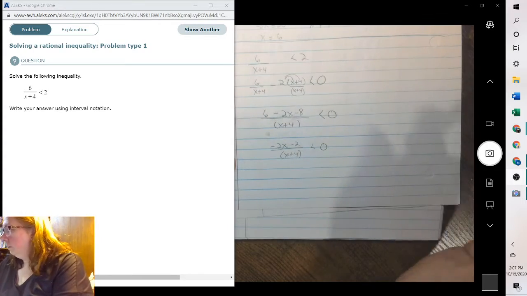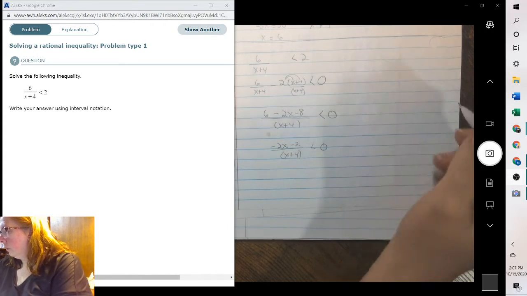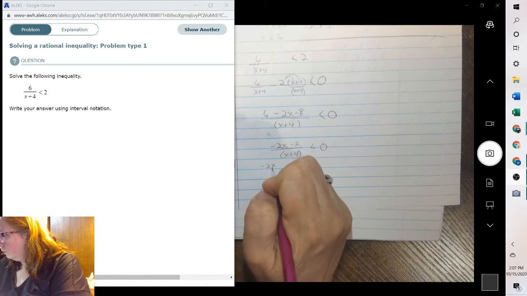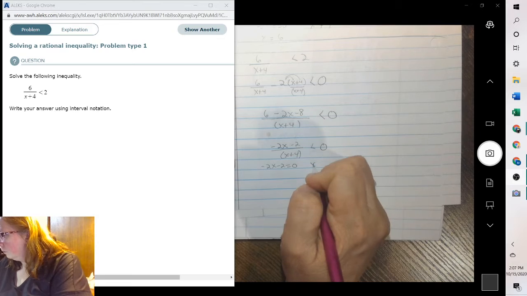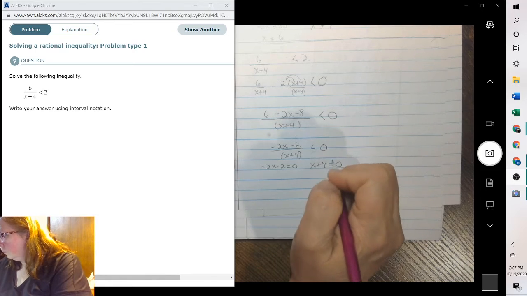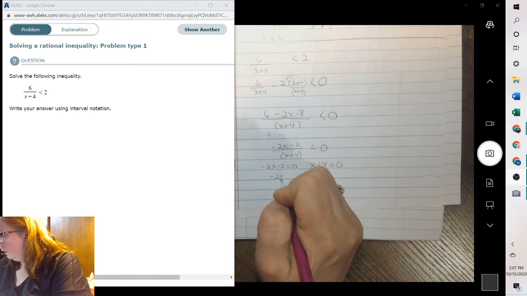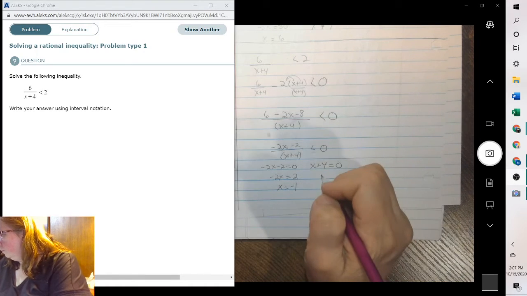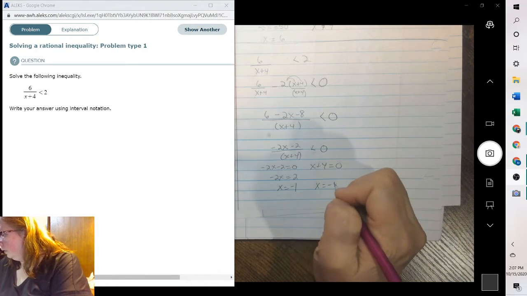Now to find the values for our axis, we set the top and the bottom equal to 0. Negative 2x equals 2, x equals negative 1, and x equals negative 4.